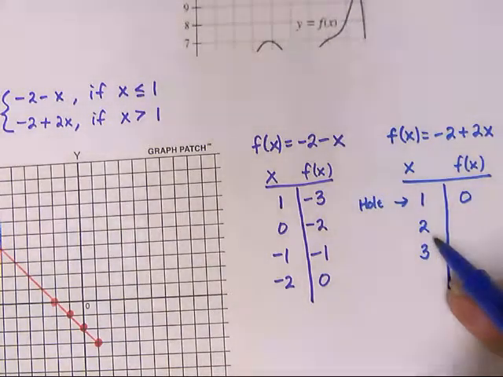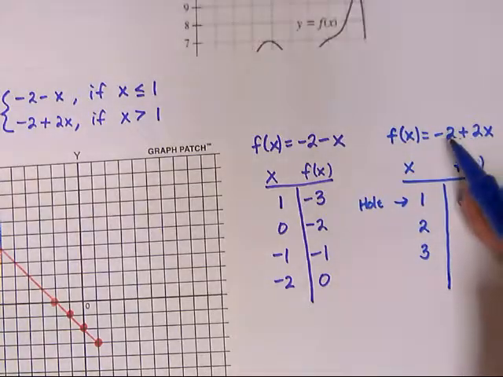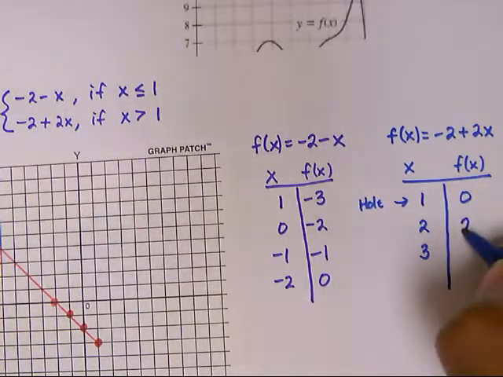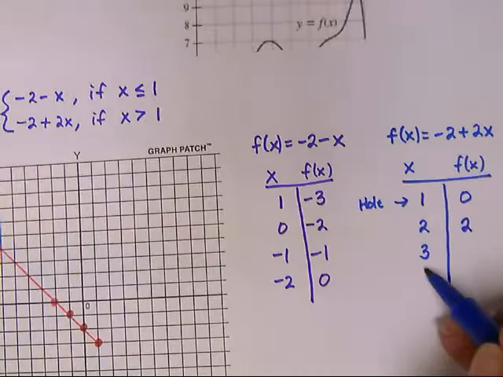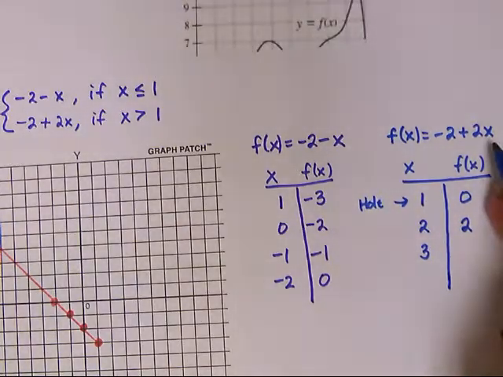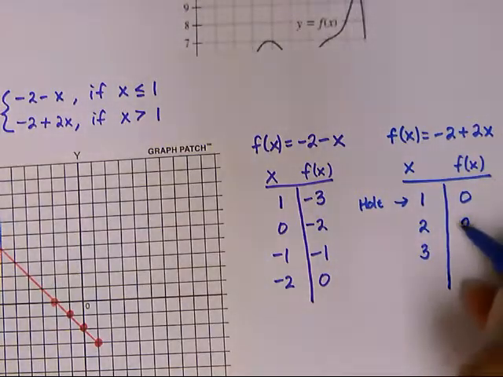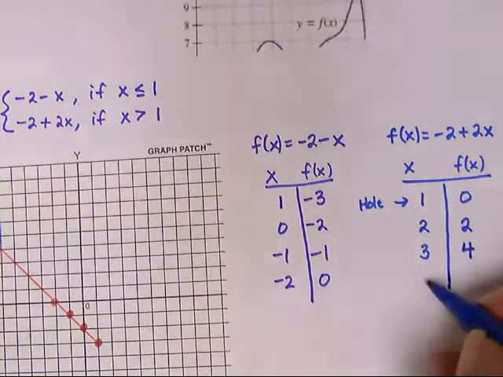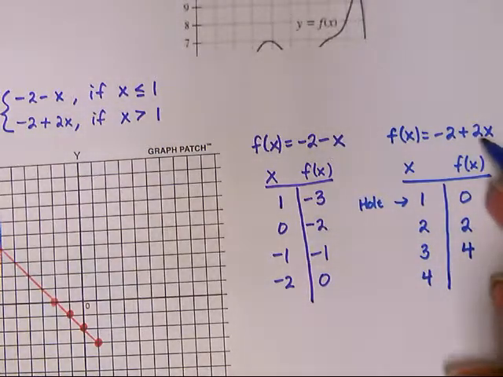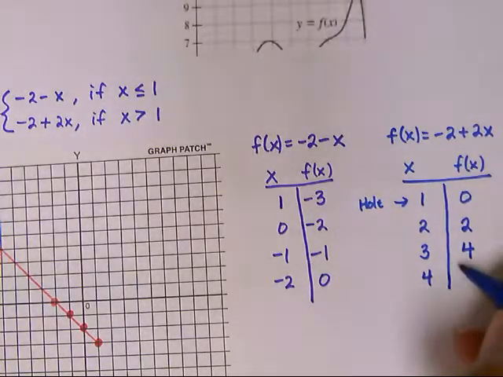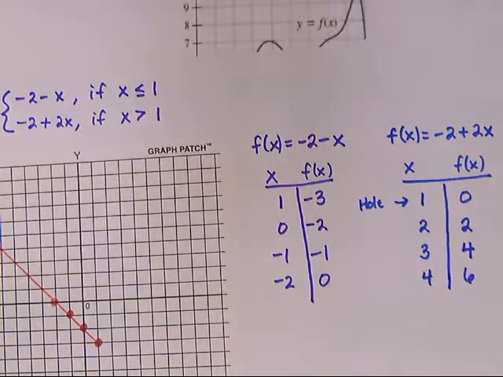Now at 2, 2 times 2 will be 4, plus -2 would be 2. And then x equal 3. 2 times 3 will be 6. 6 plus the -2 would be 4. And if I want to do 4, 2 times 4 would be 8 plus -2 would be 6.